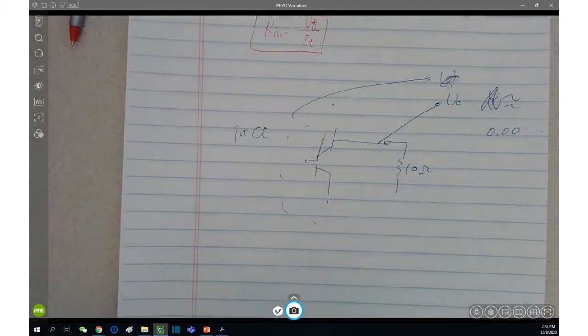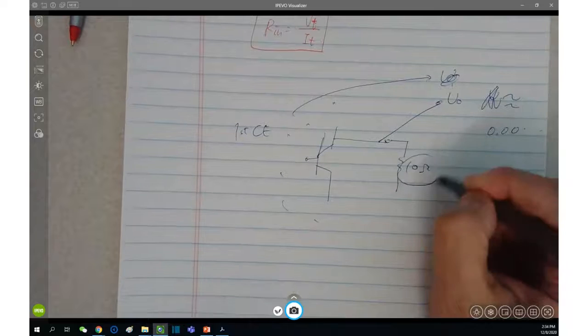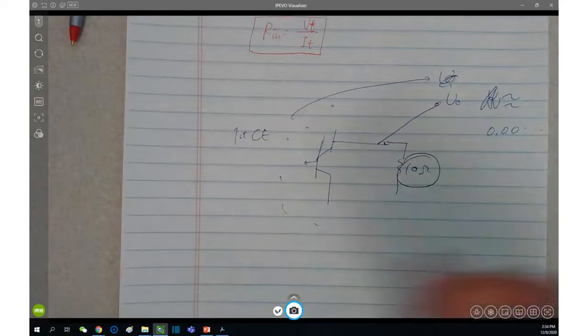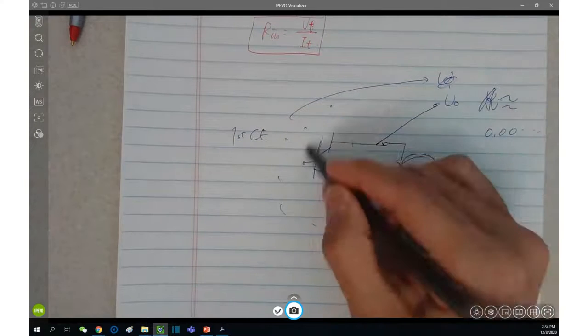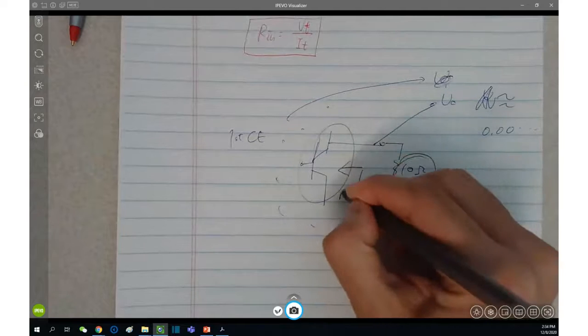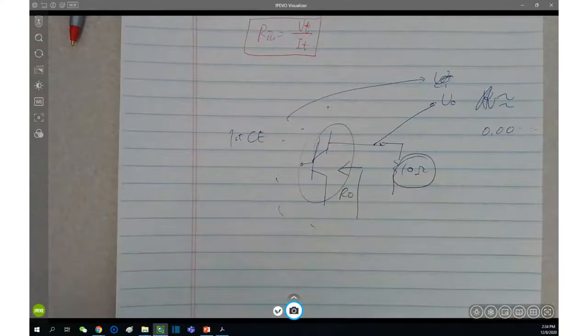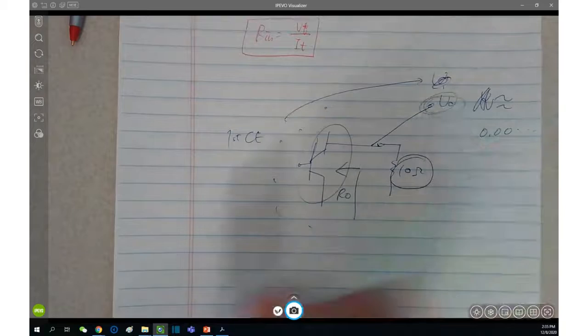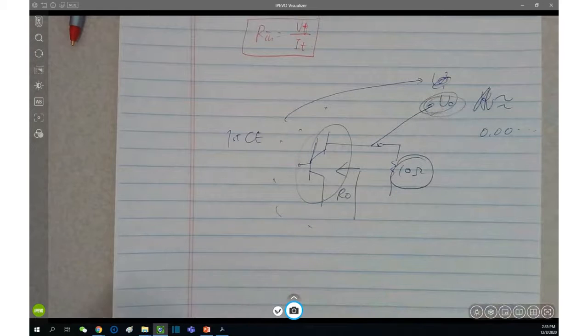The reason is, as I said, your load is very small. Your output impedance here is too big compared to this 10 ohm load. That's why your output voltage cannot occupy much of the voltage. Therefore, the gain is very, very small.